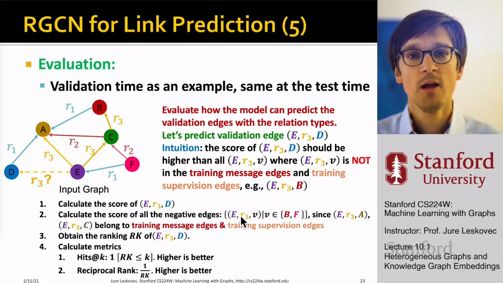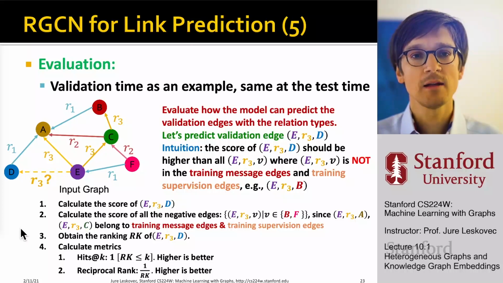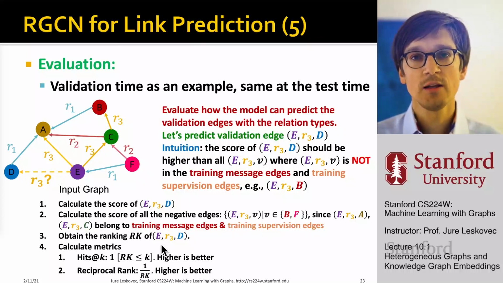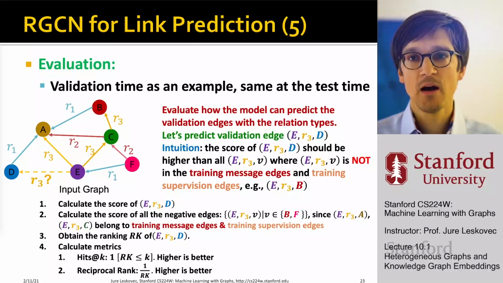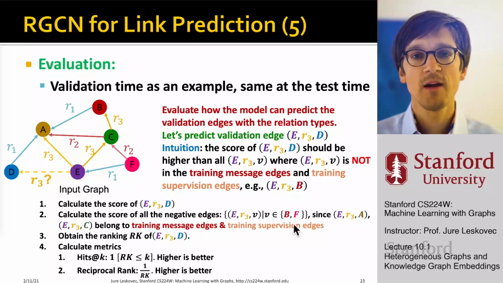So I have only two negative edges, and the goal then is basically to obtain a score for all these three edges. We rank them, and hopefully the output score of the edge ED will be higher than the output score of EF and EB.